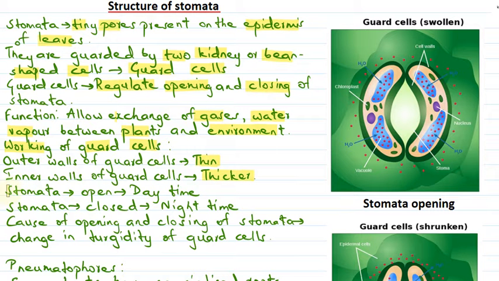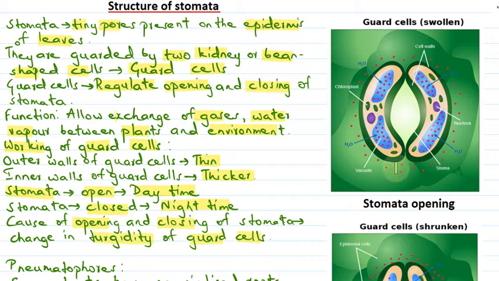Stomata normally are open during the daytime and closed during the night. This opening and closing is dependent on the change in turgidity of the guard cells.